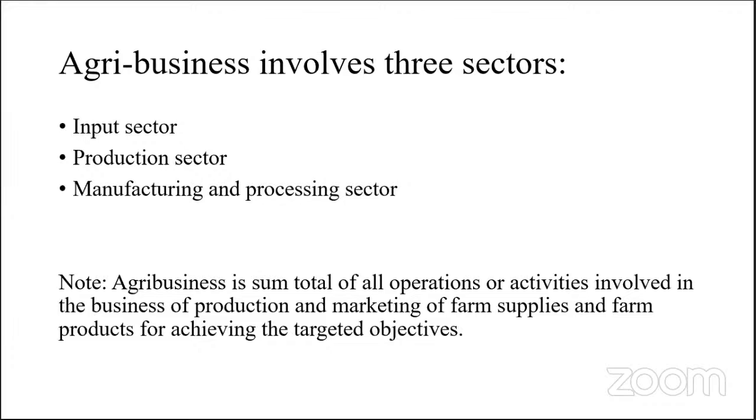Targeted objectives means the final end customer, where the product has to be reached. From making the raw material into the fine end product, all the processes involved, processing activities, manufacturing activities, transportation, make agribusiness a holistic way of defining it.